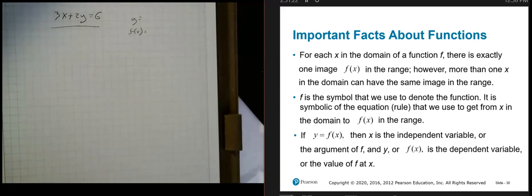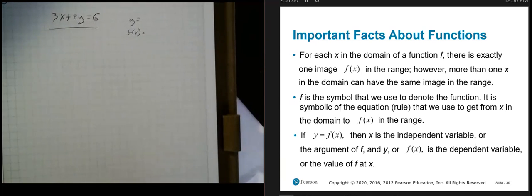Okay. x is also known as the argument of f, or whatever expression we put inside those parentheses there is the argument of f. If I put a number 2 in there, then 2 is the argument of f. So that means we're going to operate the function on the number 2. If I put in x plus 3, then the argument is x plus 3, and we do the function on x plus 3.